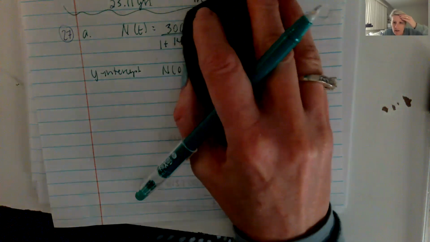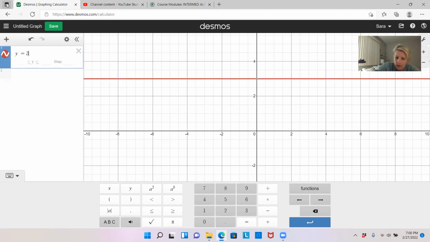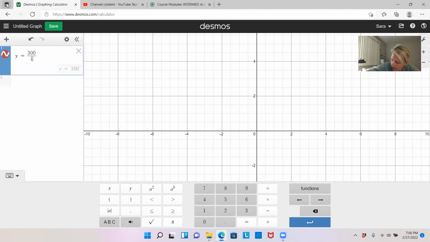Let's check it out here. So we're going to say y equals 300 divided by 1 plus 14, and we're going to put in x for t. So that's e to the exponent, in the parentheses, negative 0.05x.